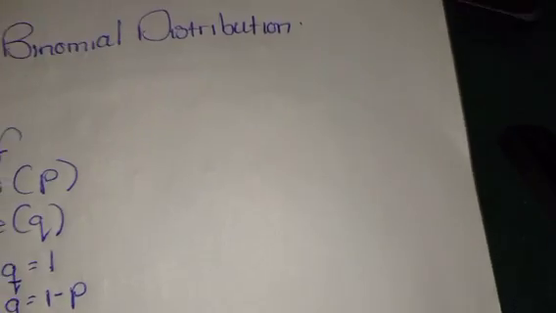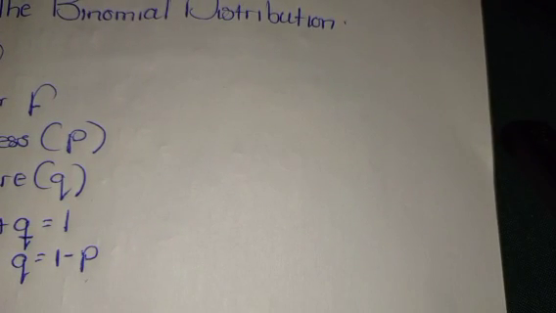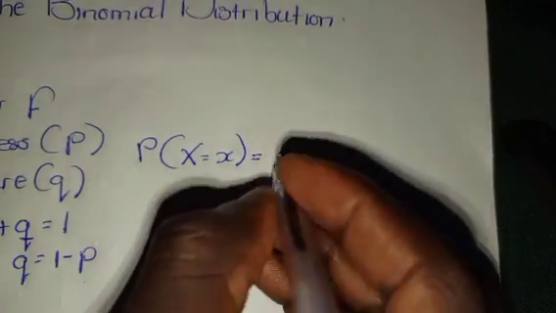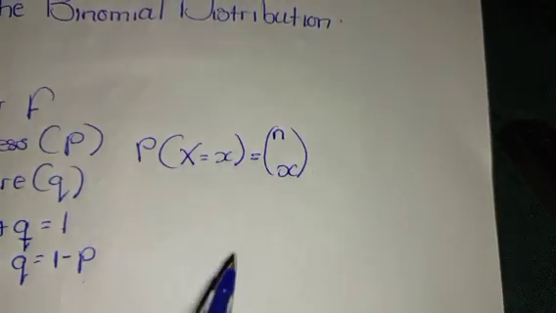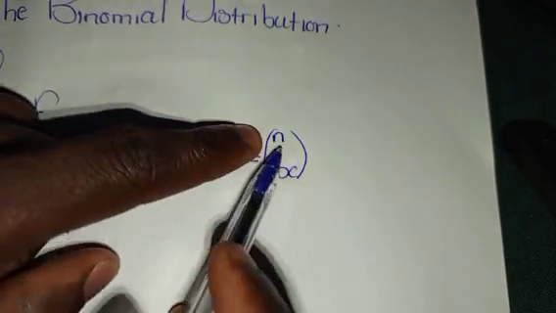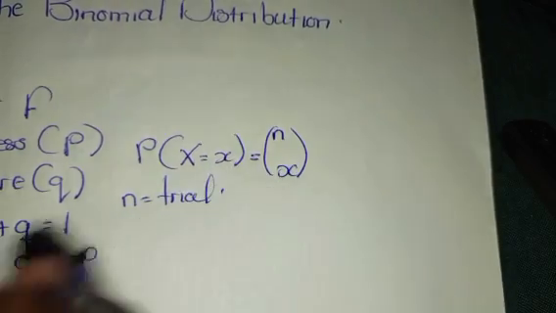When we are dealing with this topic, we need to understand that under the binomial distribution, the formula that we always use is the probability of X equal to x is equal to the combination of n, where n is the number of trials.